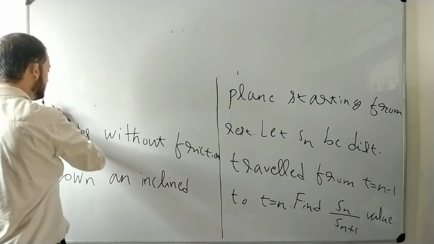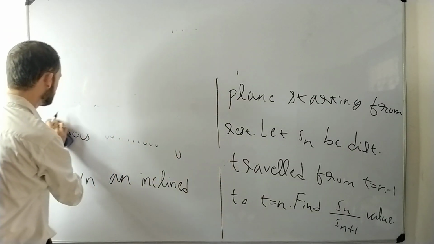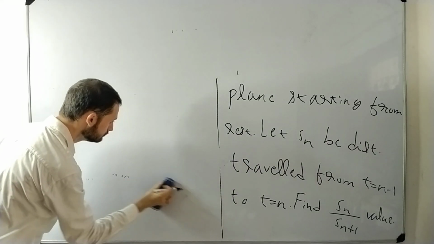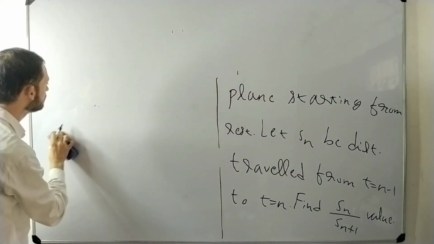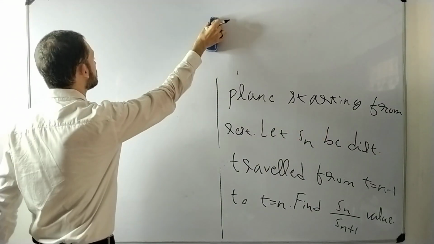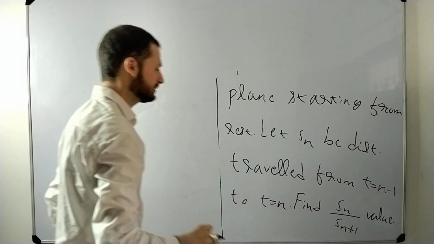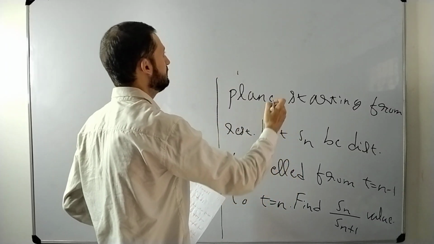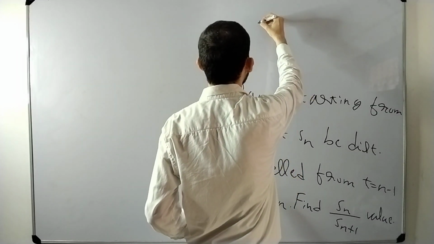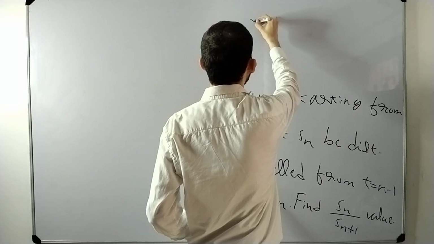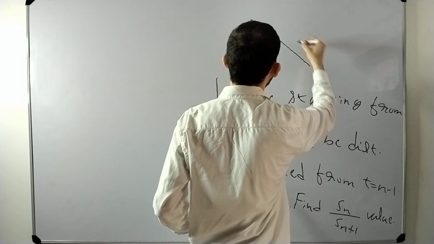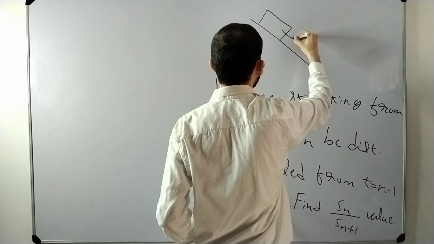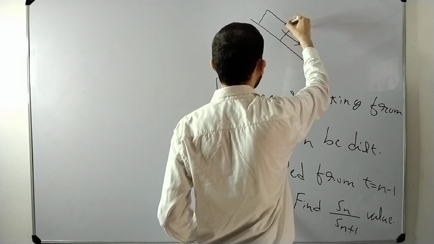So let's draw the diagram of this question. I will draw the diagram here only, students. So this is an inclined plane, and this is the block placed here, and it is going without friction.